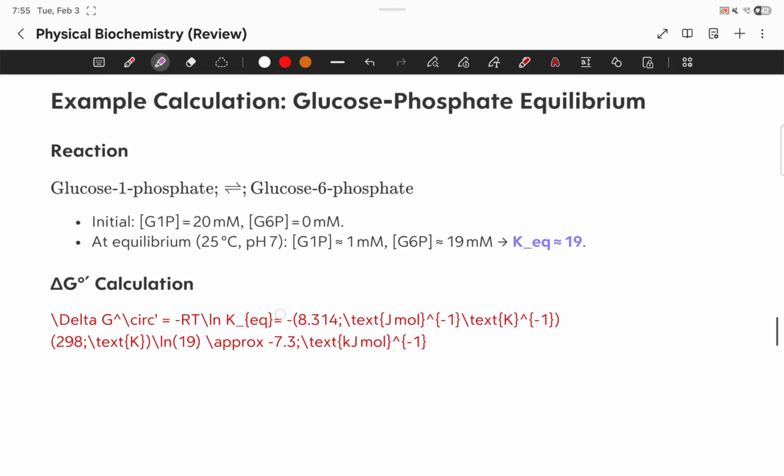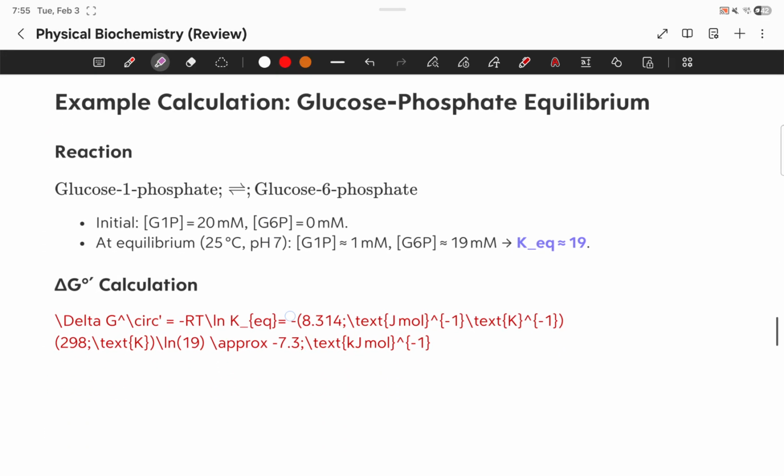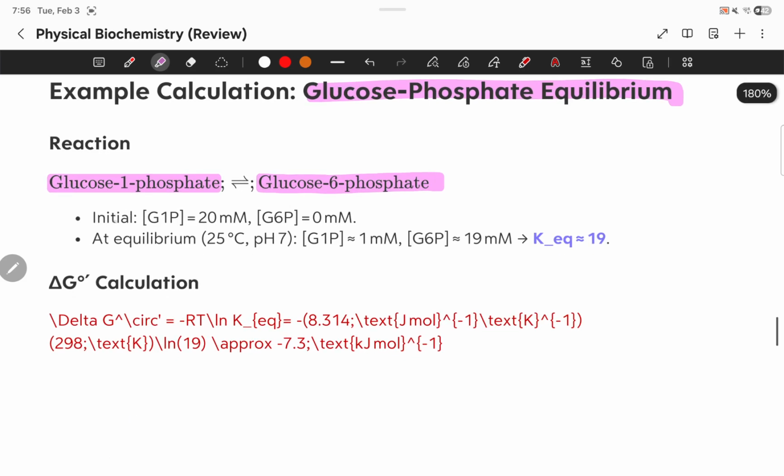Now moving on, we have an example calculation. We have the glucose phosphate equilibrium. The reaction goes as follows. We have glucose 1-phosphate, which is being transferred to glucose 6-phosphate. Initially, we have 20 millimoles of glucose 1-phosphate and 0 millimoles of glucose 6-phosphate.